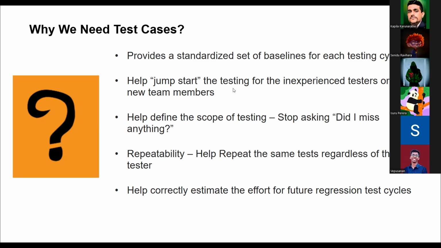I think there will be a future session for estimation, so we'll do a hands-on session on estimation as well. In that session, definitely you will see why test cases are essential. So you need to know what number of test cases you are going to write and how you are going to do it. Because of that, test cases are a very essential thing you have to derive based on the requirement before starting testing. Right?